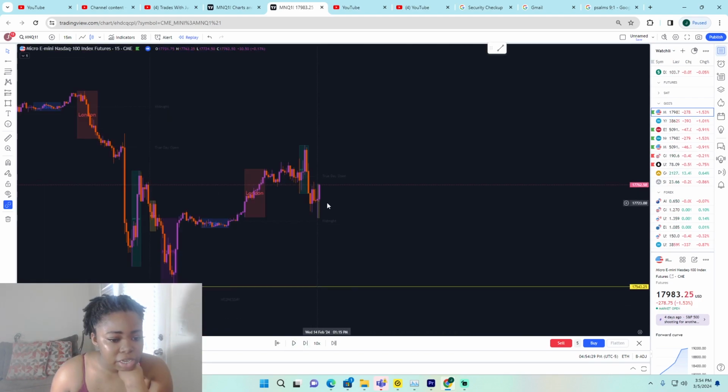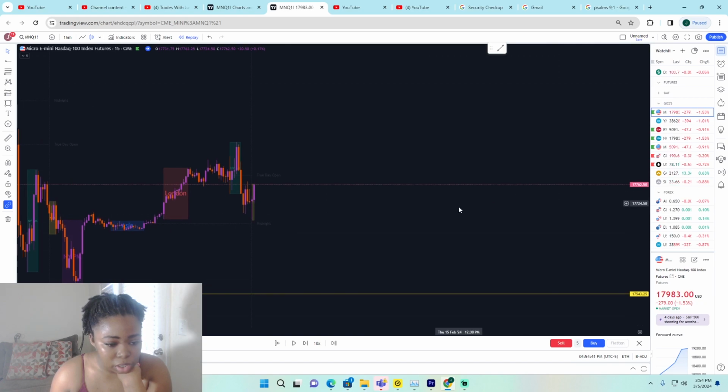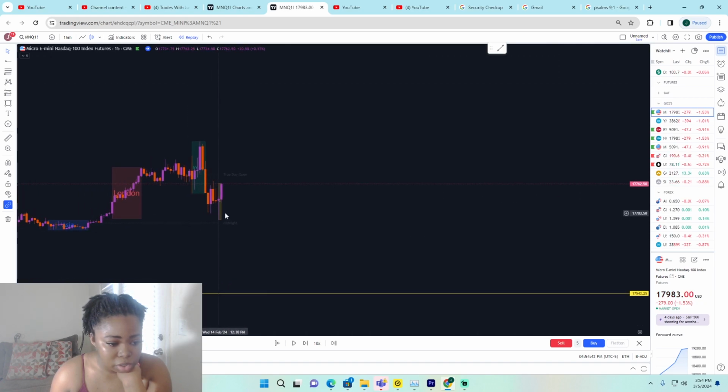So now that price has returned back down in this area, that fair value gap that I was telling you about, I don't think price is going to come all the way back down here at this point. So I'm looking for an entry somewhere in this area, because I saw where it came down and wicked, came down again, wicked and started going back up.